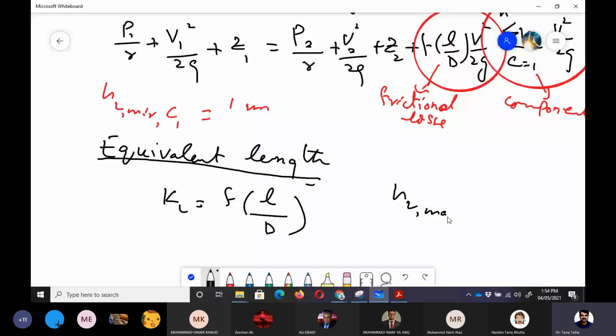In this case, we would put this equivalent L and we represent it with L EQ in the subscript. So this equivalent length is the straight pipe length which we can add to the original piping system in place of that component. So it would produce the same loss as was due to that component.